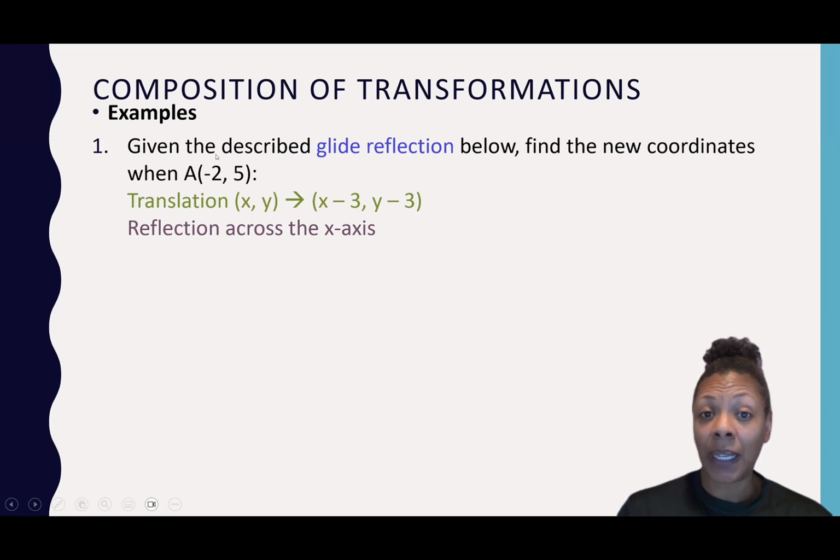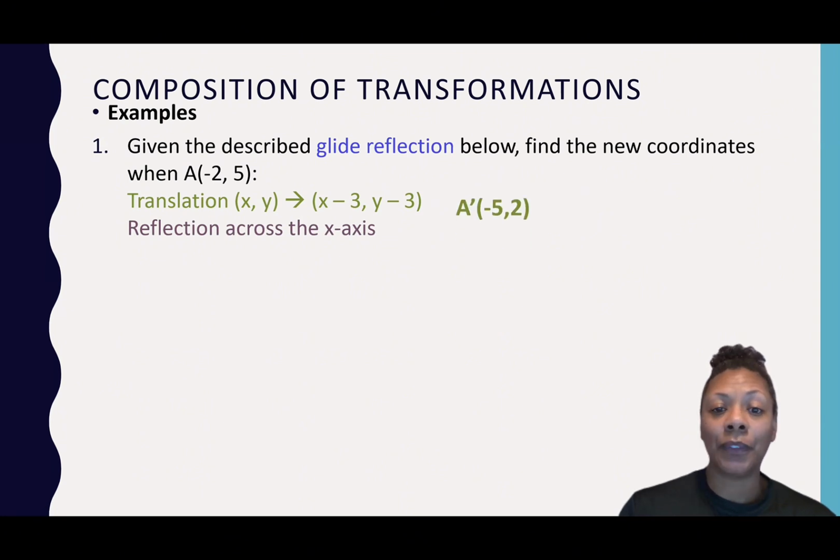I go back to my pre-image coordinates and follow those directions. My x is -2, so -2 plus -3, or -2 minus 3, however you want to read it. Then I take my y, which is 5, and subtract 3 from it. So I have -5, 2 for my A prime this time.